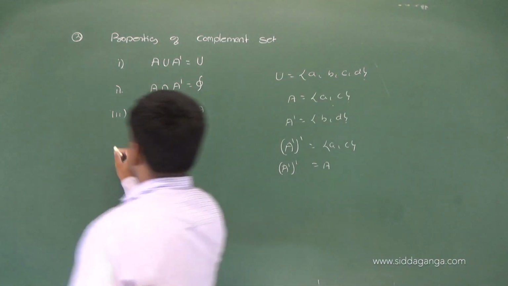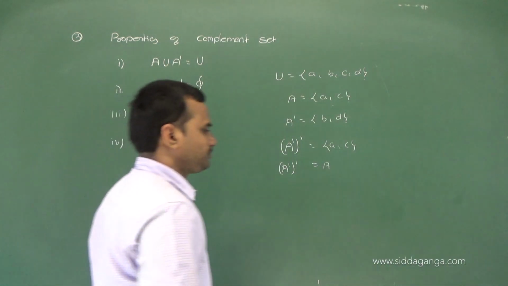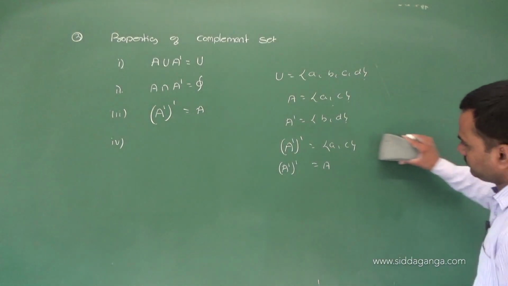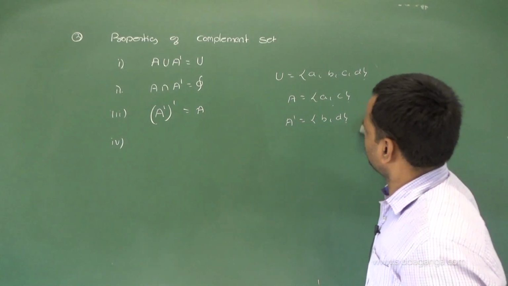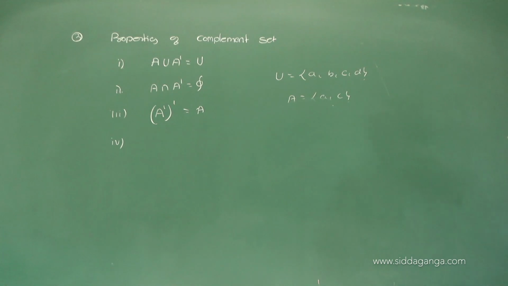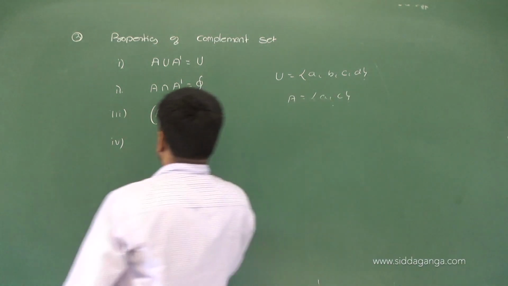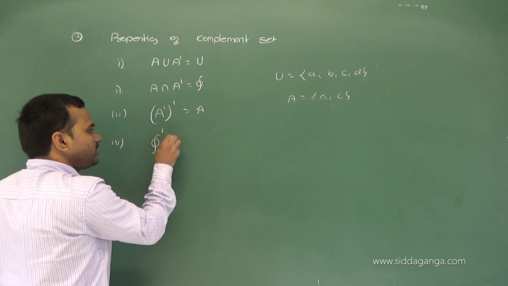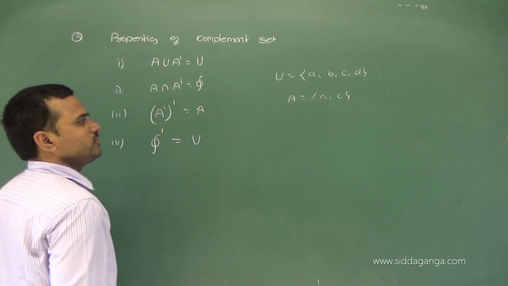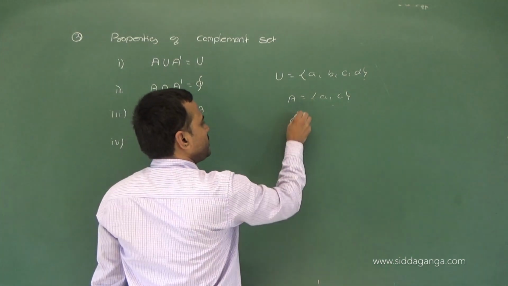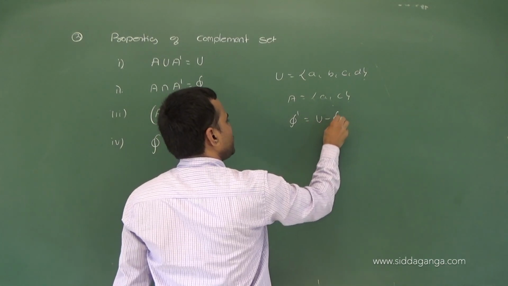Fourth property: phi dash, empty set dash, is nothing but what? Universal set. See, U minus empty.